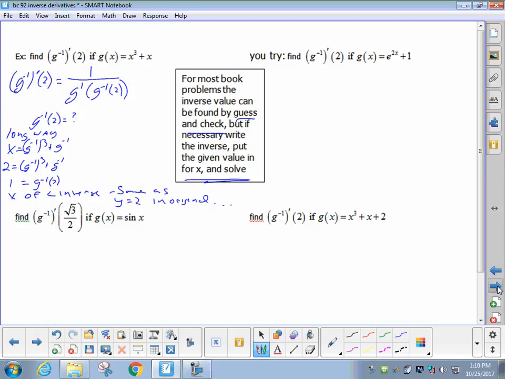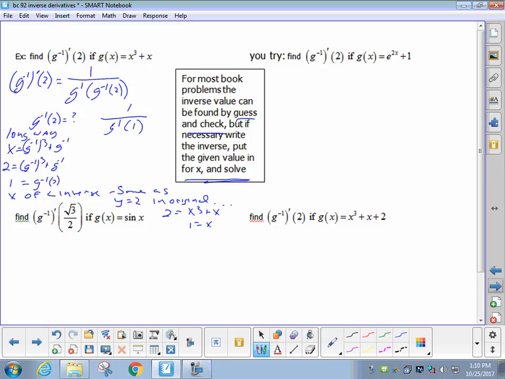So I could just as easily say 2 equals x cubed plus x and solve that, and I still get 1. You with me? Questions?